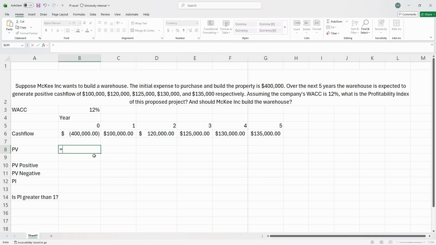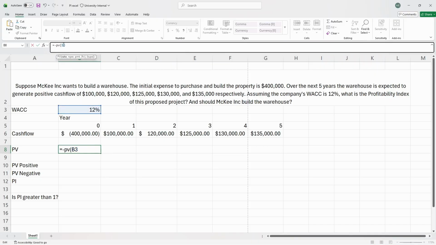So I'm going to find equals negative present value. I put in my interest rate, which is going to be dollar signs around it, as I want that to be fixed. Interest rate is going to be changed for everyone. Number of periods is our year here. Our payment amount is 0.